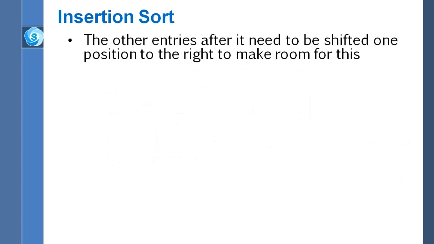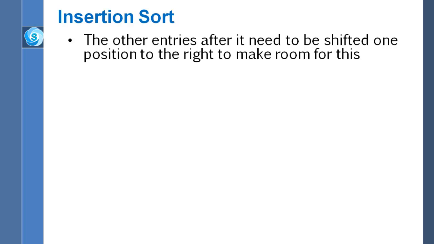Now, even if we discover where the number in position I should be placed, where that number actually belongs in the array once it's sorted, we still have the problem of making room for it, because there's already a number sitting there.